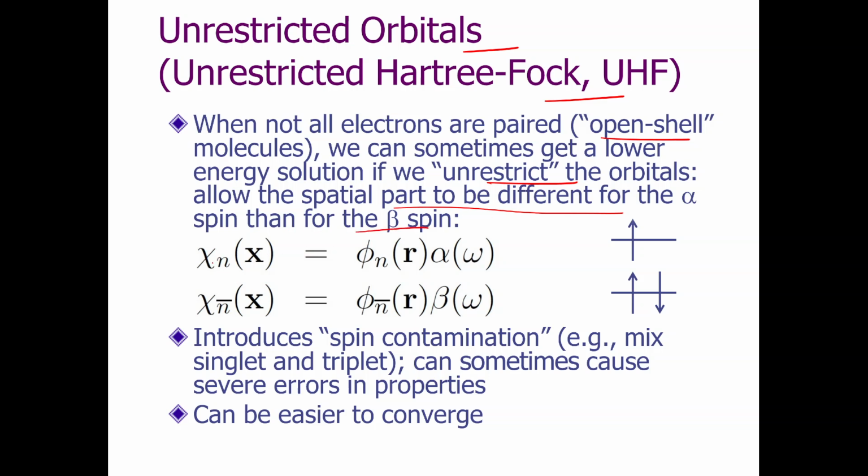So here what they have mentioned is that this is phi n bar and this is phi n, and they have said that this phi n bar might be different from the phi n. So it introduces spin contamination and all that. So I'll not discuss it. It can be easier to converge.